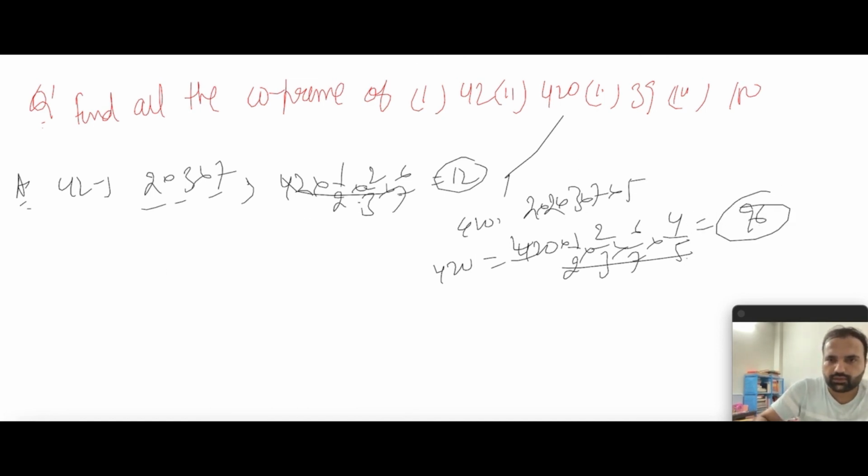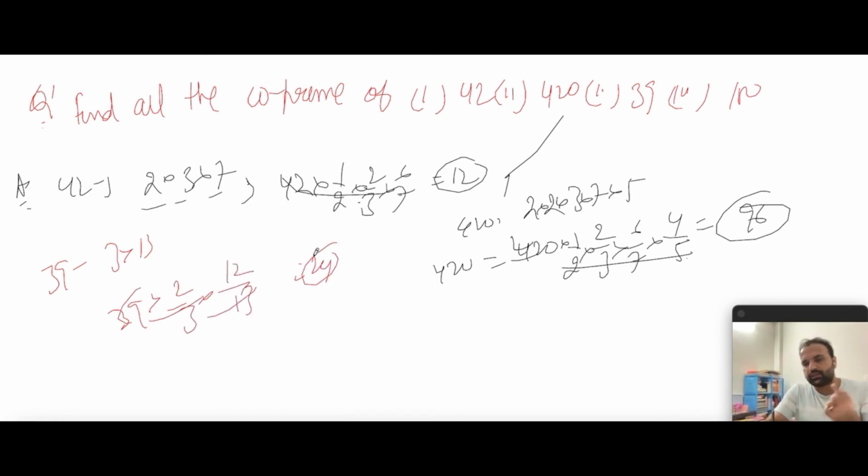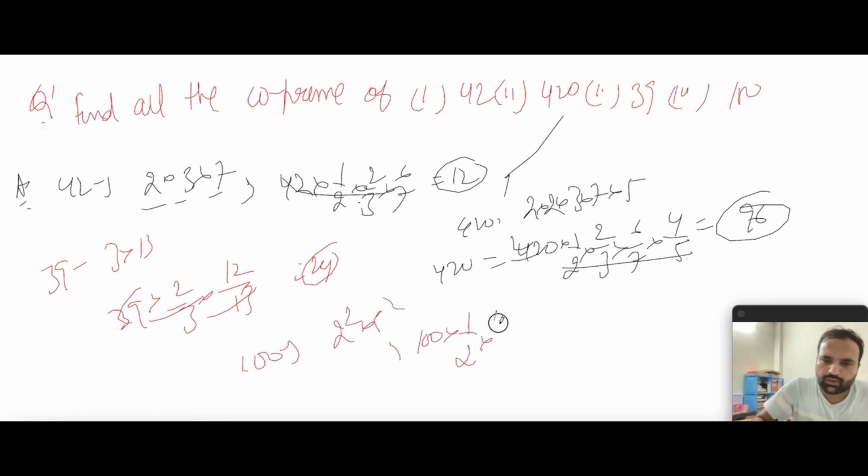For 39, the factors are 3 and 13. So 2 by 3 into 12 by 13, which is 24. It takes less than a minute, even seconds. 100 is 2 square into 5 square. So 100 multiplied by 1 by 2 into 4 by 5 gives 40.